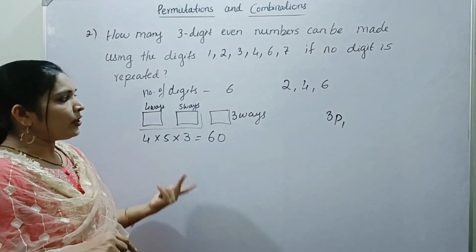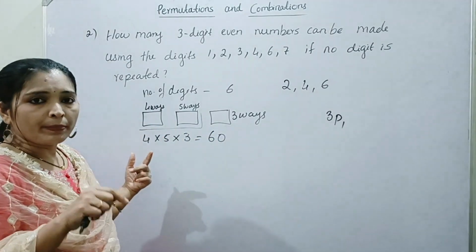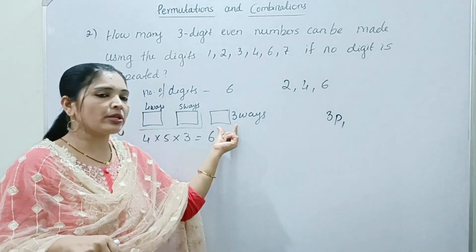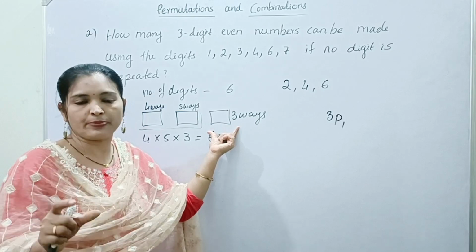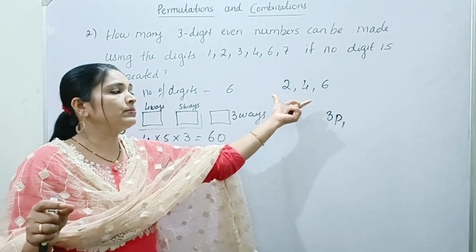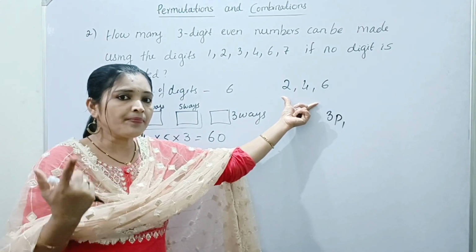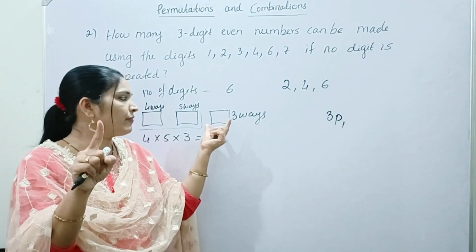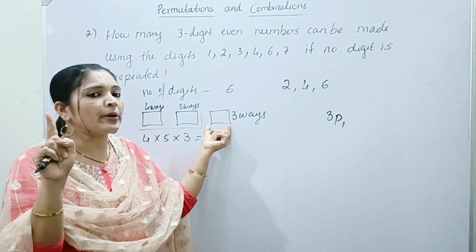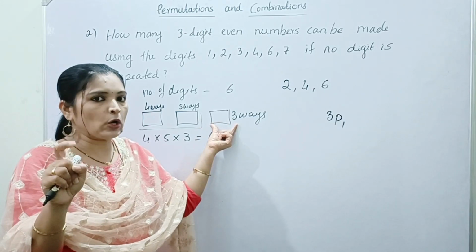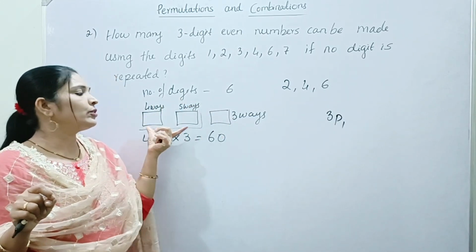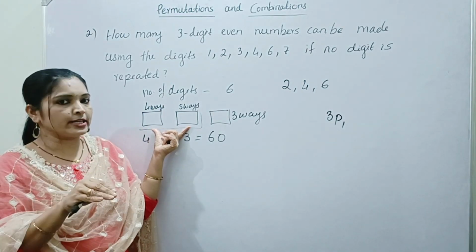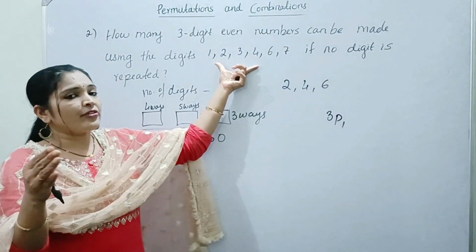If you want to apply the permutation formula, then first do this. Find the number of permutations of the first place, that is the unit place, from 3 digits, taken one digit at a time, because we have to write only one digit. After that you will find the 2 places, the tens place and hundreds place, from 5 digits.